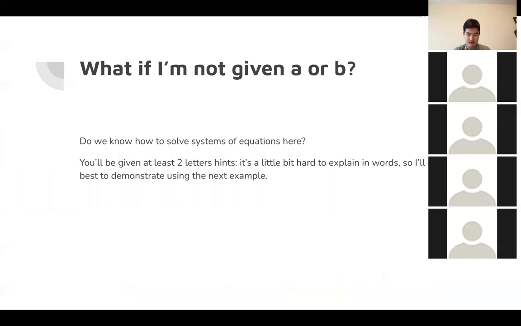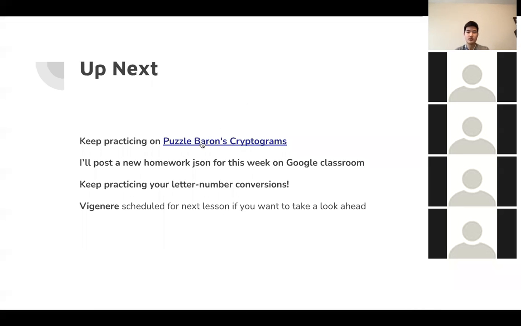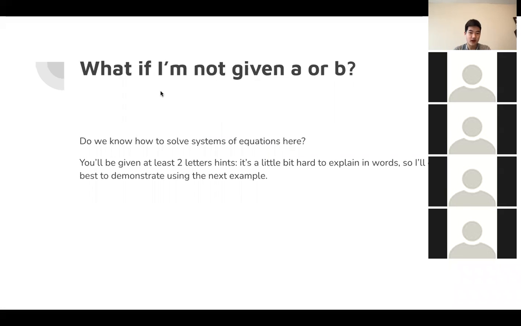I said cryptanalysis doesn't appear that often, but with some math, like affine, Vigenère, and even rail fence, it does appear. For affine, you're not given the a and b in y equals ax plus b. They don't give you these in the question prompt.